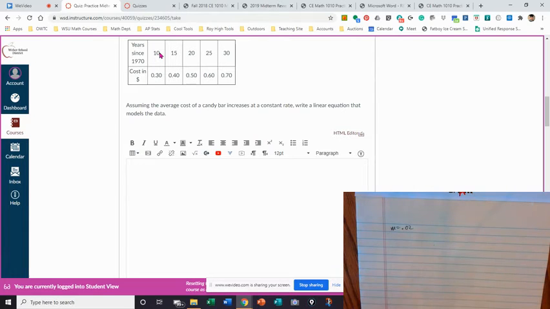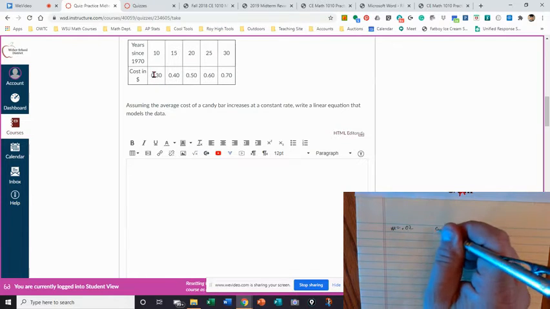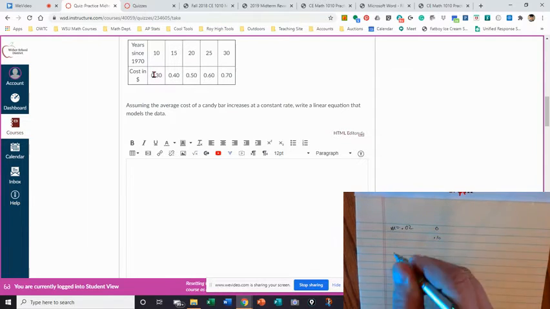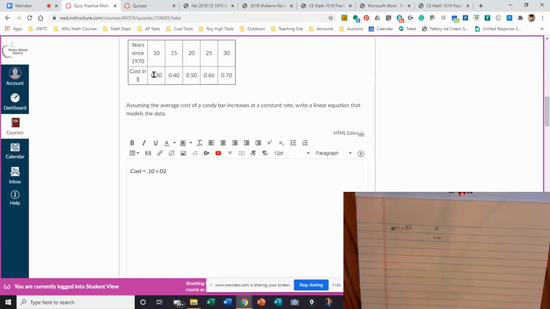If I subtract 20 cents from there, it's going to be 10 cents for the cost at year 0. So my equation is going to be: my cost is equal to 10 cents plus 0.02 times the number of years since 1970.